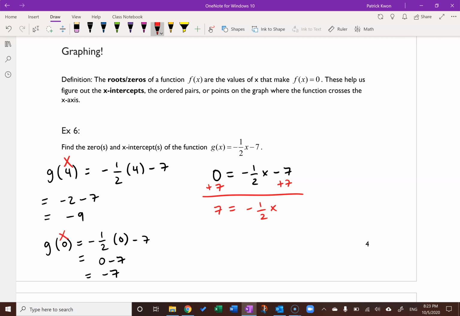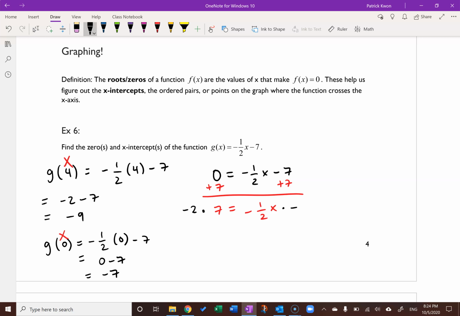All right, so now my equation reads 7 equals negative 1/2 times x. And the way that we're going to get x by itself is I'm going to multiply this side by the reciprocal, hey look, we used a word that we learned earlier today, so I'm also going to multiply negative 1/2 times, maybe I'll multiply it on this side, by, oops, I erased the negative sign.